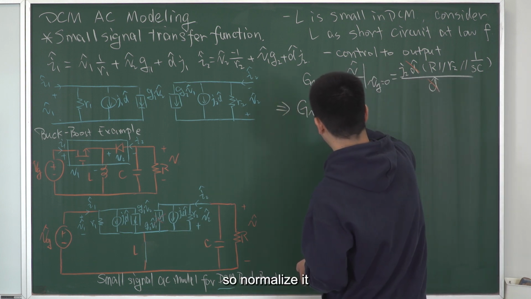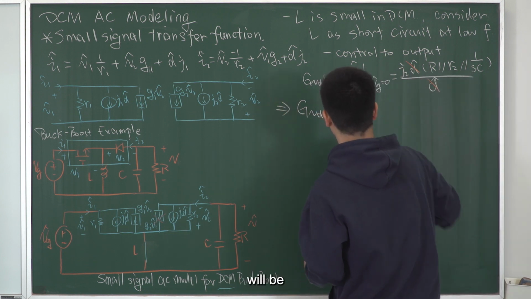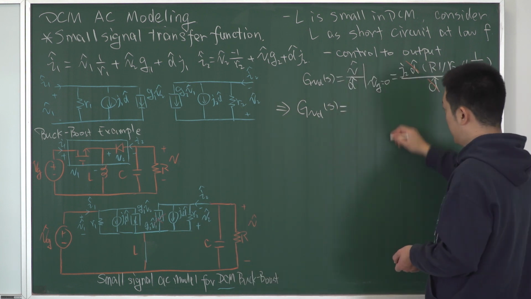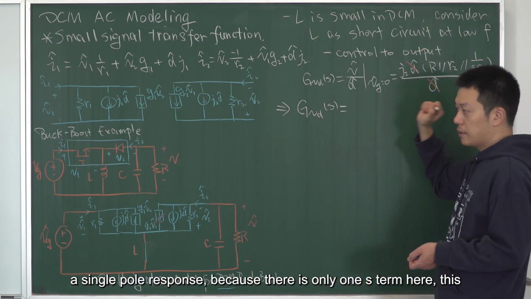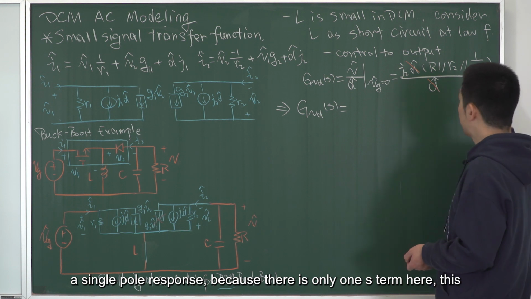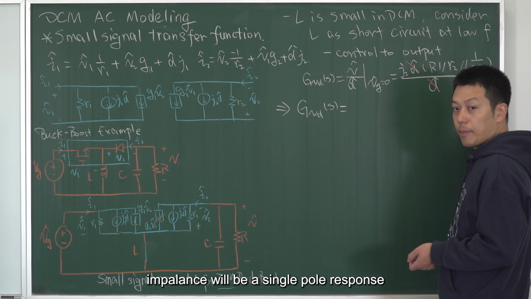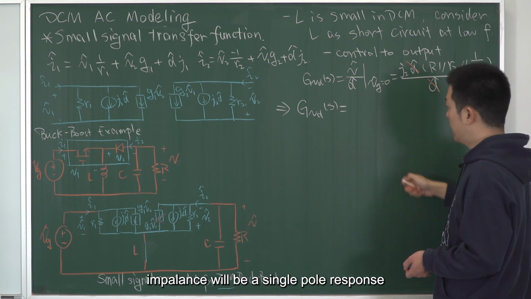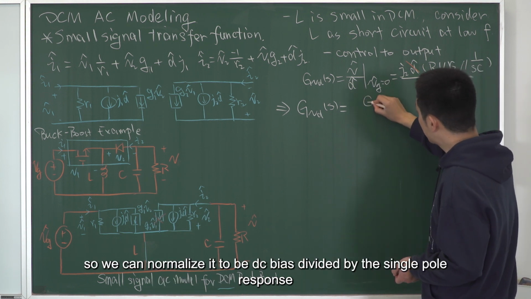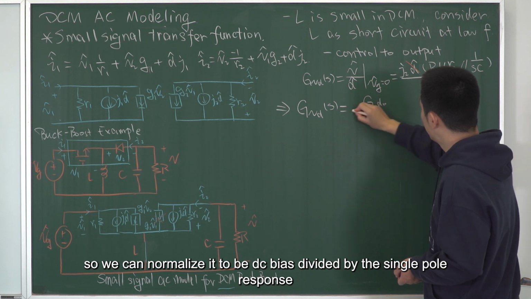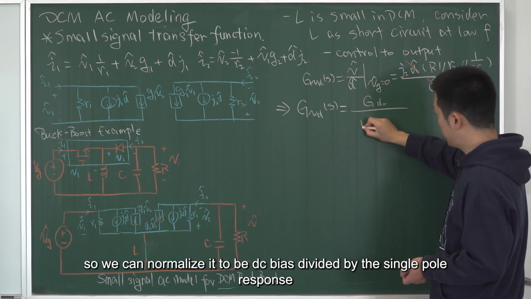Normalized, it will be a single pole response, because there is only one S term here. This impedance will be a single pole response. So we can normalize it to be GD0 divided by the single pole response.